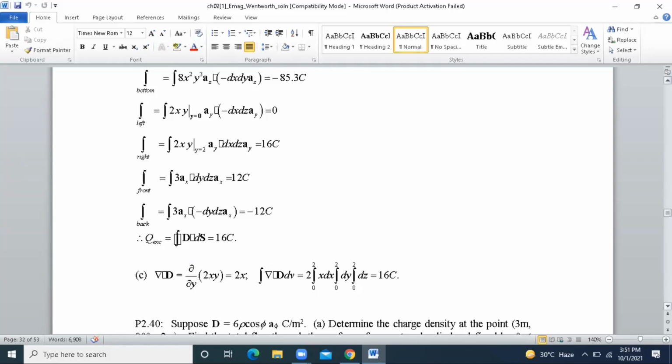There you see. So this is the left, this is the right.